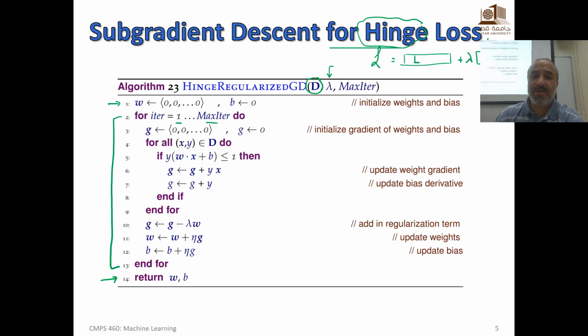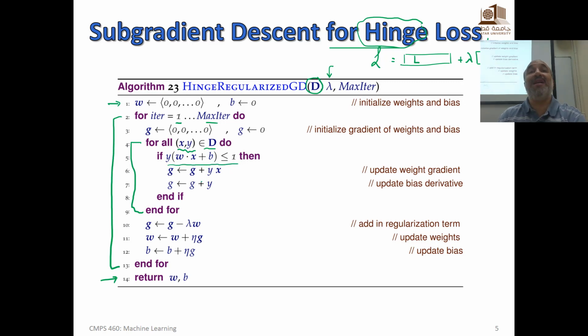So, as you see here, this inner loop goes from 4 to 9. This is a loop over all training examples. So for every training example, we will see if y hat is less than or equal to 1 or not, because that's the condition when we will update. So you see here the condition is y hat less than or equal to 1.